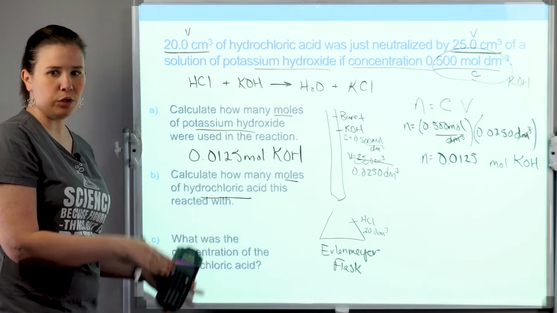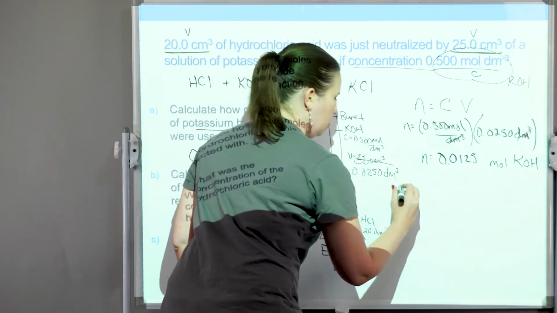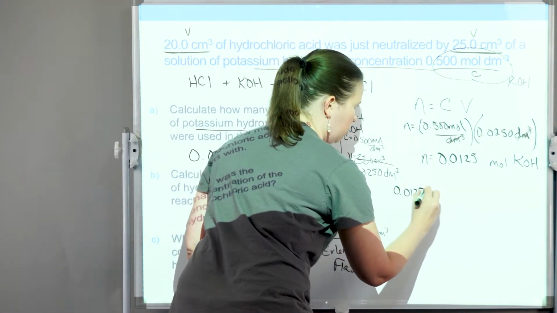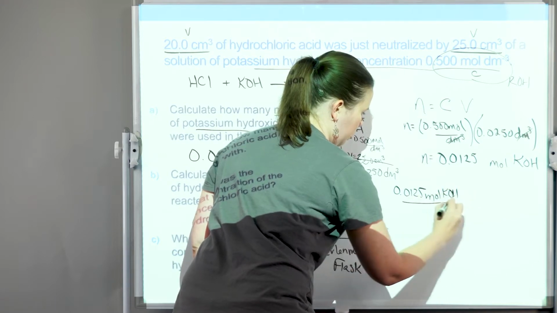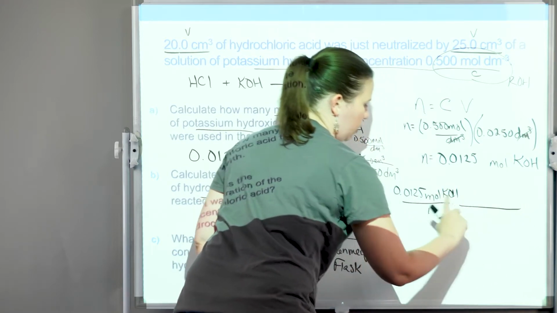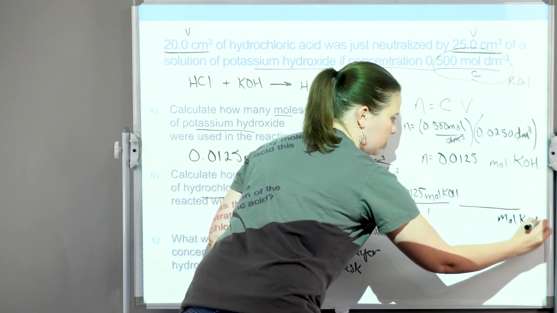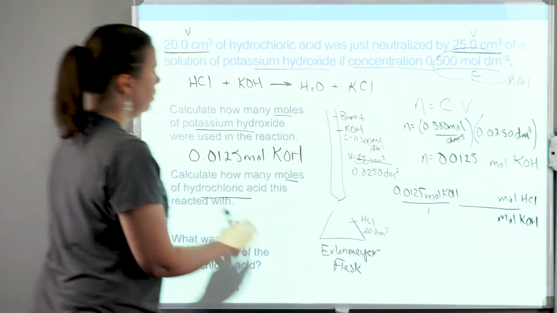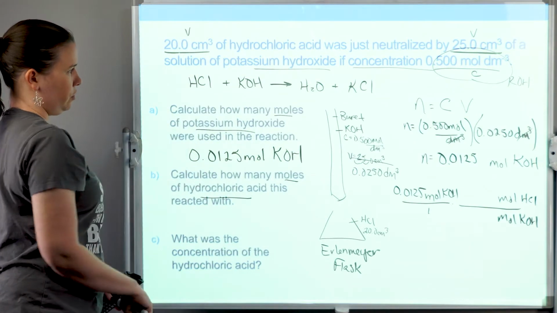So remember, to convert from one substance to another substance, we need a mole ratio. So we are going to start with the given moles, 0.0125 moles of KOH, put that over 1, and then whatever's on top goes to the bottom. So we'll have mole of KOH in the bottom of the mole ratio and mole of my acid, HCl, on the top. So those numbers from the mole ratio come from the balanced equation.